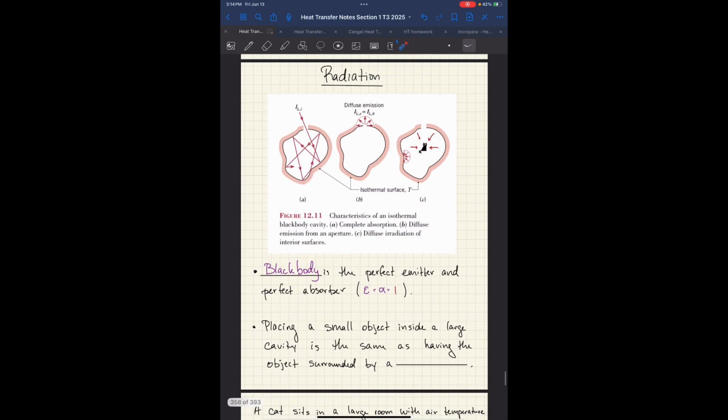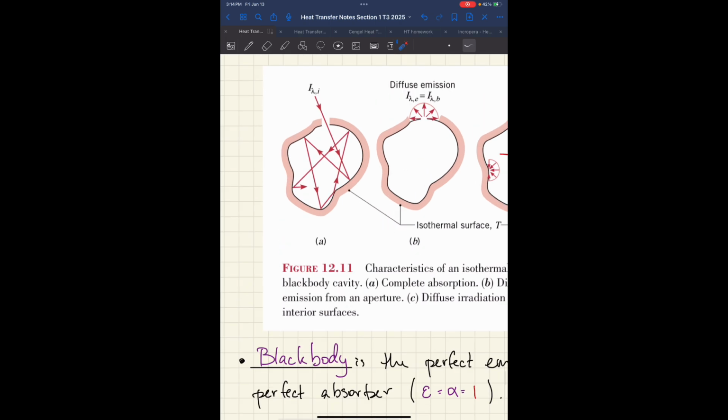Your textbook shows an example of a black body, a visual example where you have a very large cavity and a very, very small aperture, like a camera, which has a very small hole that allows light to come in. The radiation that comes in is going to bounce around in here.